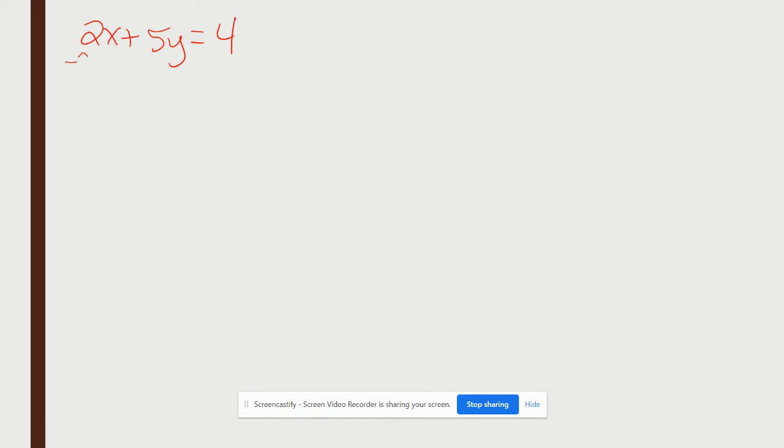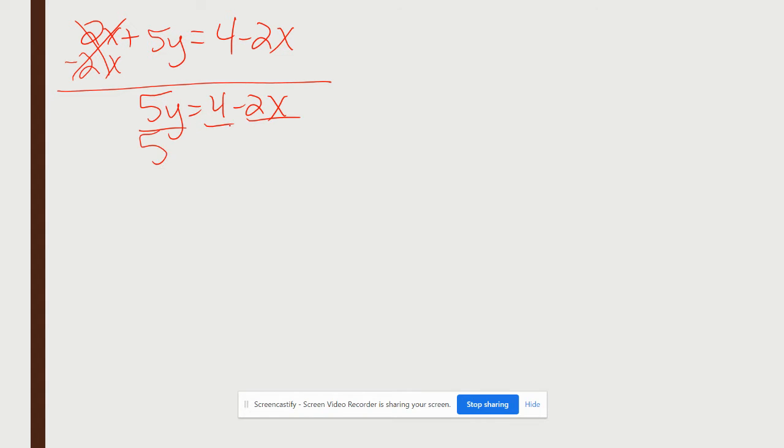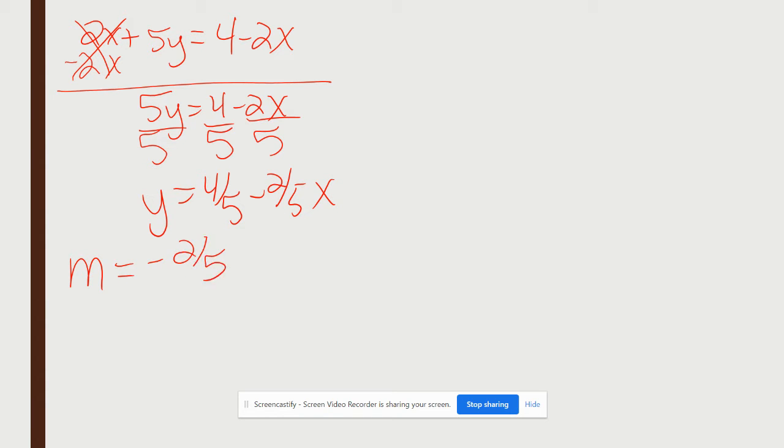We start with subtracting the 2x to the other side. And then divide every single thing by 5. So our slope here is negative 2/5.